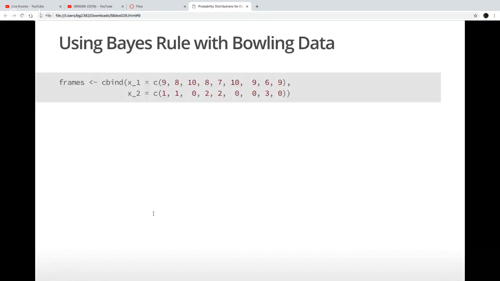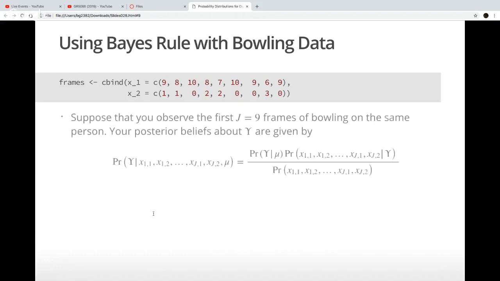Okay. So how do we use Bayes' rule? Let's say we have some data on 9 frames of bowling, because the 10th frame is a little bit weird. So let's just say we observe the first 9 frames of somebody bowling. How will we update our beliefs using Bayes' rule?